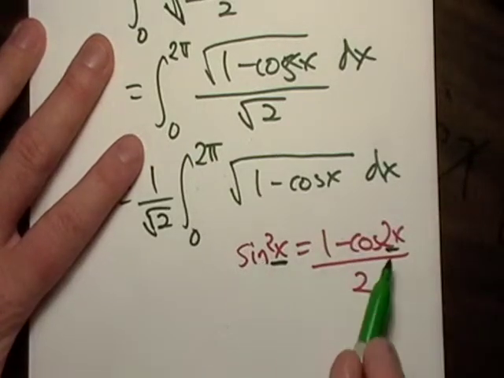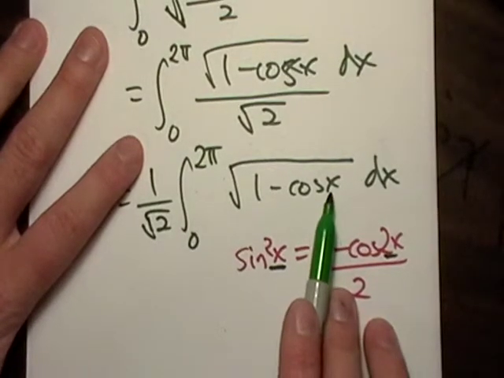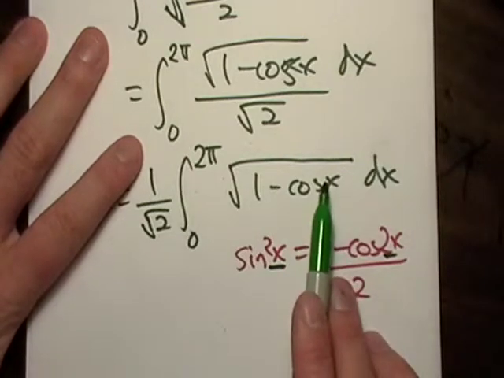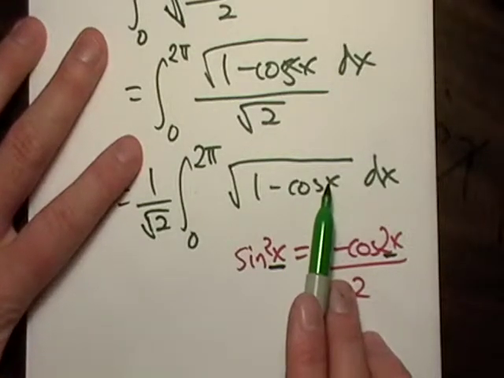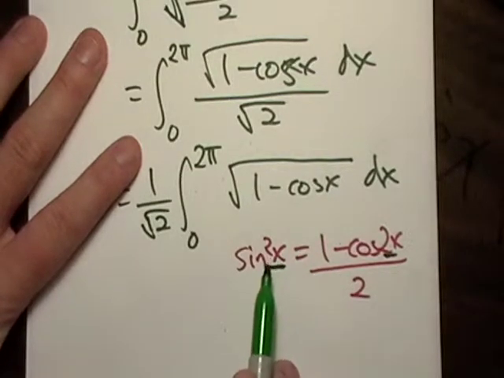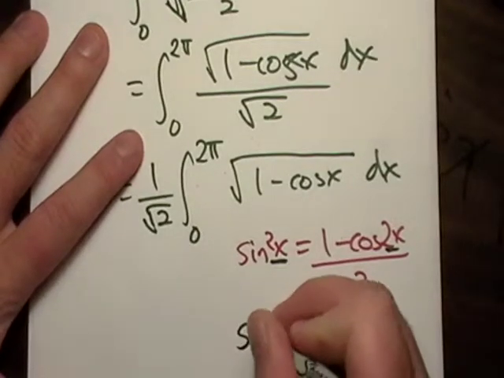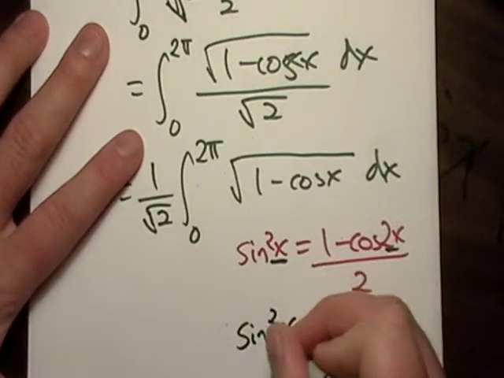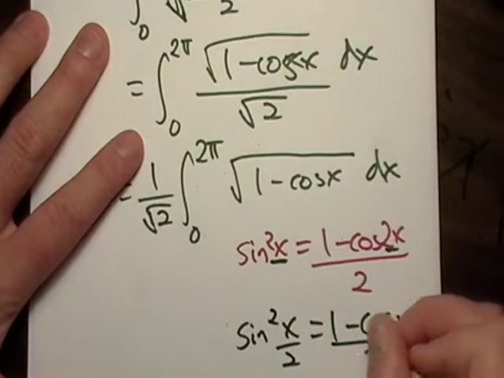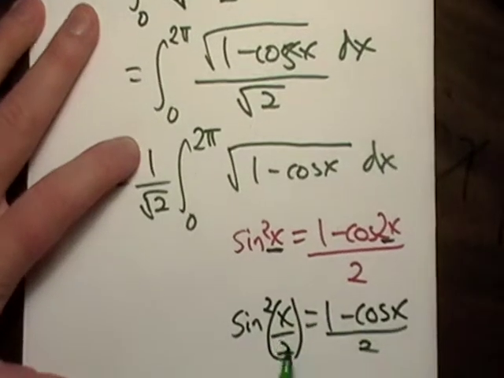See, we got a 1 here, we got a 2 there. In my original problem, I have a 1 there. So in my identity, it has got to be twice the angle I'm taking the identity of. So basically what it translates to is sine squared x over 2 will equal 1 minus cosine x over 2. Okay? That's sine squared of x over 2.